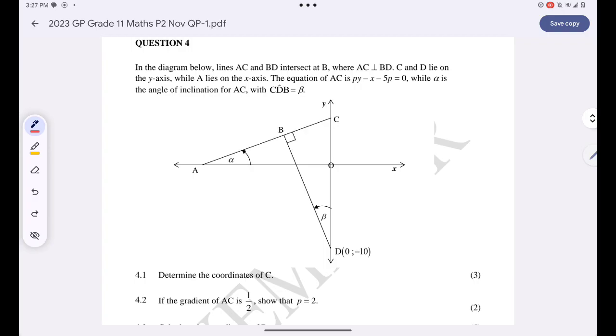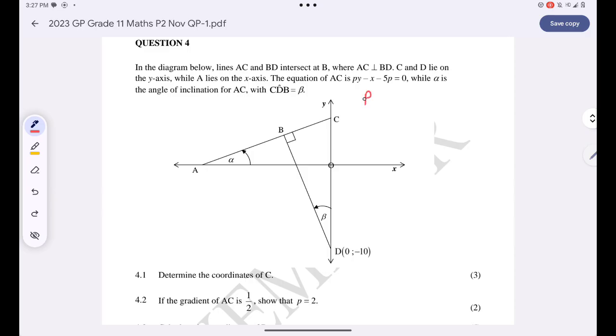Okay, the first thing they want us to do is to determine the coordinates of C. We are given our equation. For us to know the coordinates of C, we must write our equation in standard form.